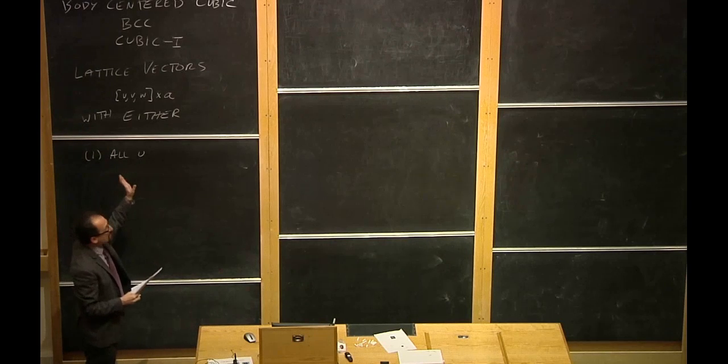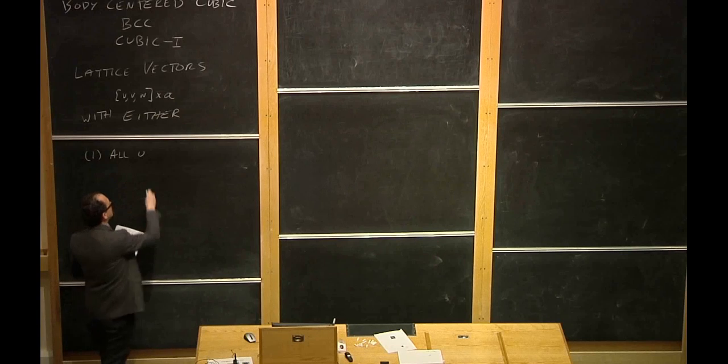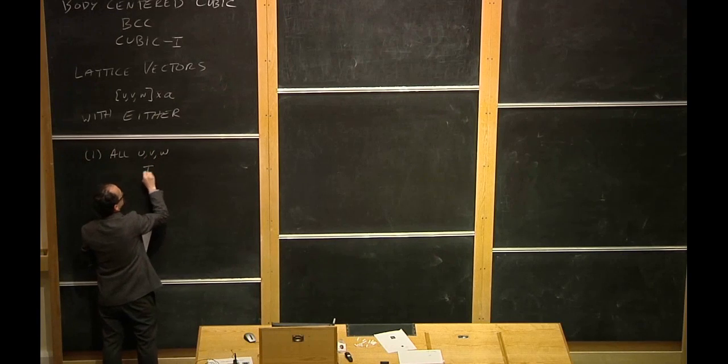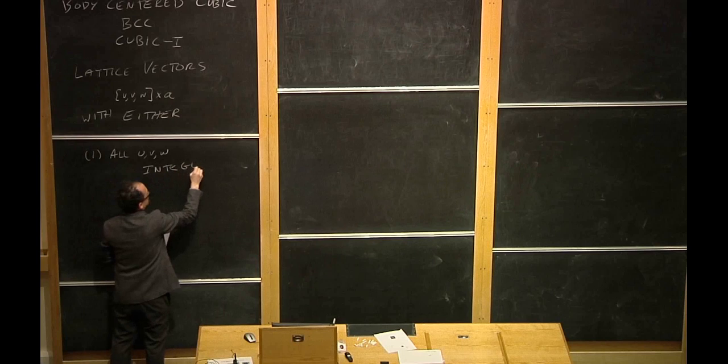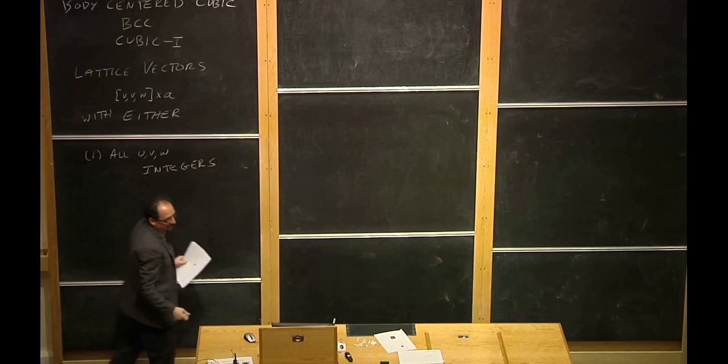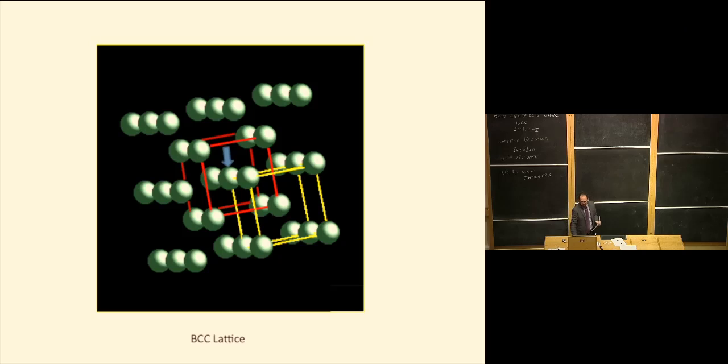So we're gonna write down the lattice vectors as u, v, w times A with either all of the u, v, w integers, and the integer case corresponds to, well, if you look in the conventional unit cell, it's the corners of the unit cell. So this one has coordinate 1, 0, 0. This one has 1, 1, 0, and so forth and so on.